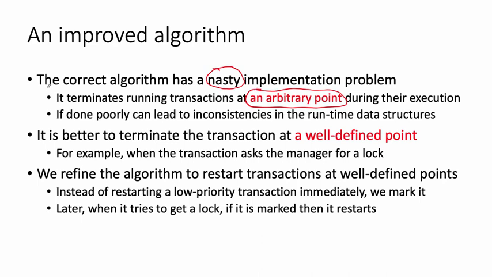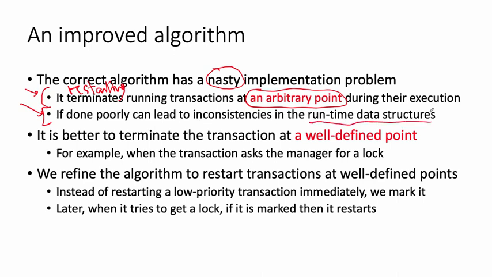So we are restarting the running transactions at arbitrary points during their execution. That's not really very nice. So how do we implement that? Do we kill the thread or what? This is actually not so nice for the implementation. And if you do it wrong, you can have problems in the runtime data structure.